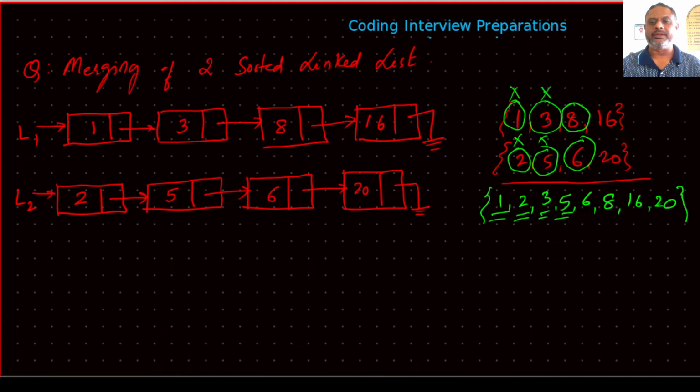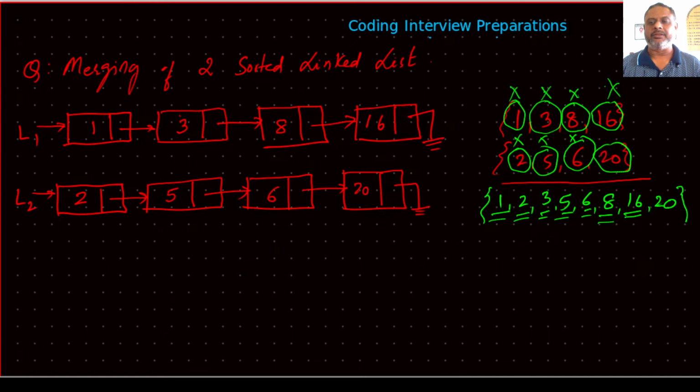Comparing 6 and 8, 6 is smaller, so 6 is copied, and the next smallest is 20. 8 and 20 are compared, so 8 is copied, and then the next is 16. Between 16 and 20, 16 is smaller, so 16 is copied, and that's it.